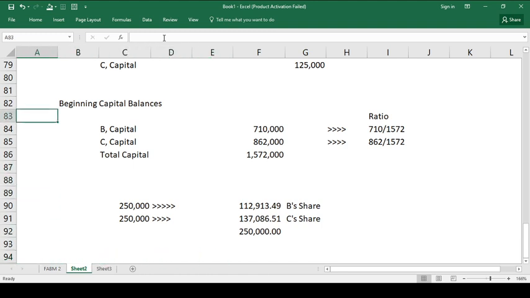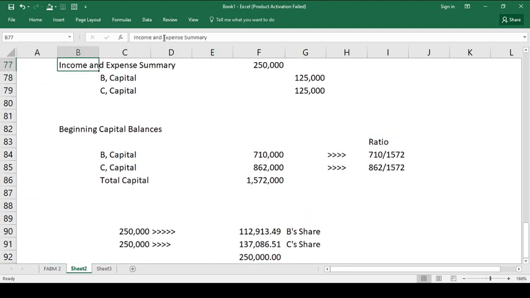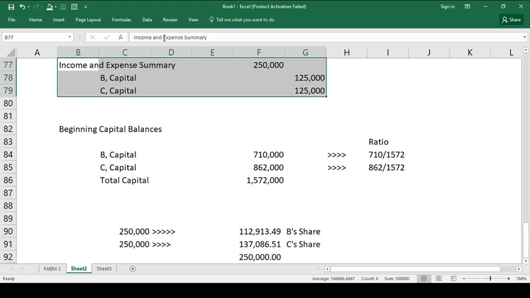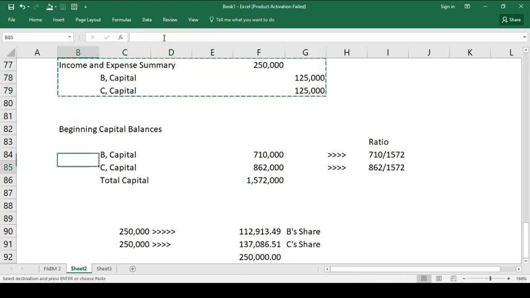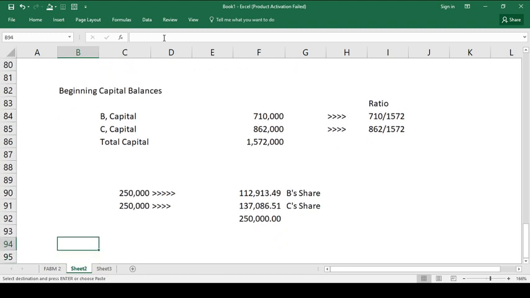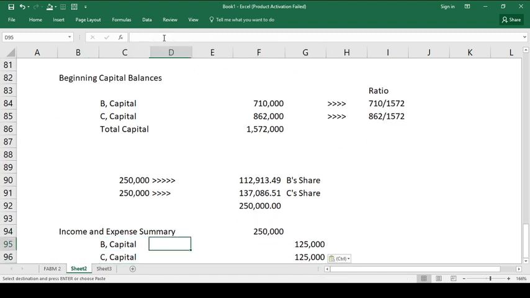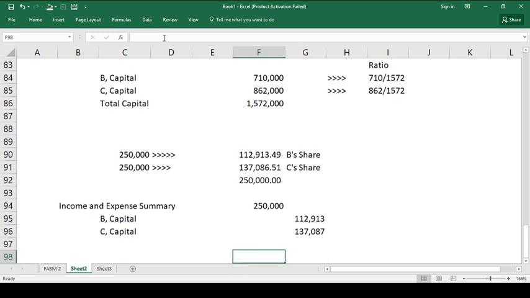250,000. So, how are we going to prepare an entry? Ganun rin naman yung entry natin, yung sa taas, kaso magbabago lang yung mga amounts on the share. So yung magiging share ni B would be 112,913, and then magiging share ni C will be 137,087 or 86.51.